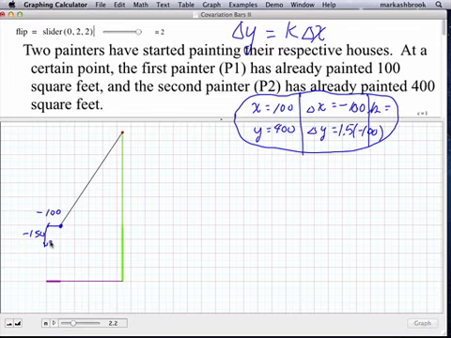Okay, so then the initial amount that painter 2 had painted was 150, right? No. What's the negative 150 represent? Change in y. So what's the new value of y? We started at 400. We changed by 150. We end at 250.